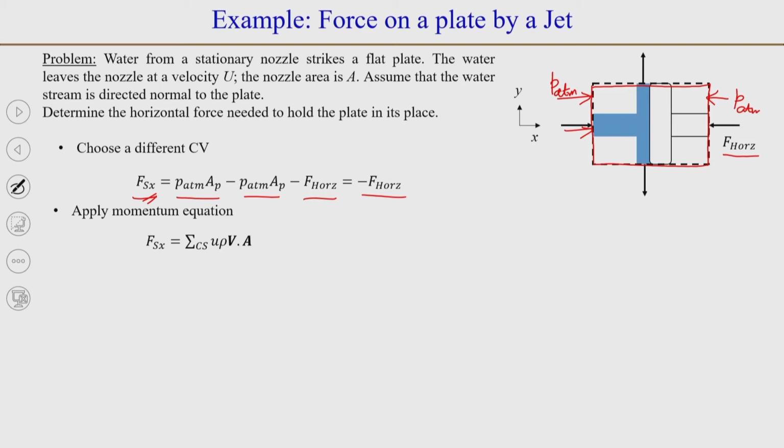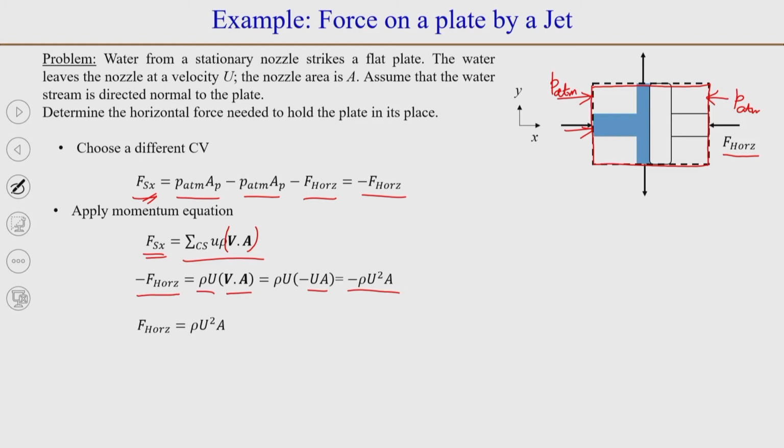If you remember, when we wrote down the momentum conservation equation, the body force term was 0 and the unsteady term, del by del t, was 0. So, this is summation over u rho v dot A. We replace Fsx with minus F horizontal, rho u, and v dot A again, minus u A. So, minus F horizontal is equal to minus rho u square, and F horizontal is equal to rho u square.